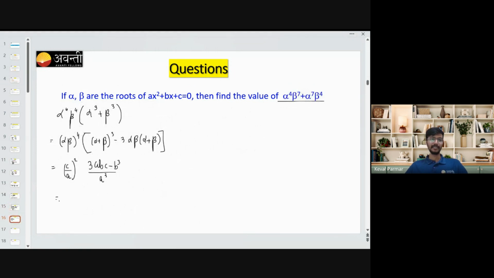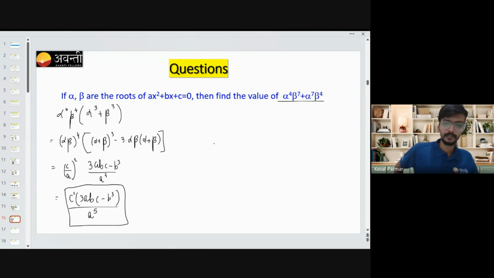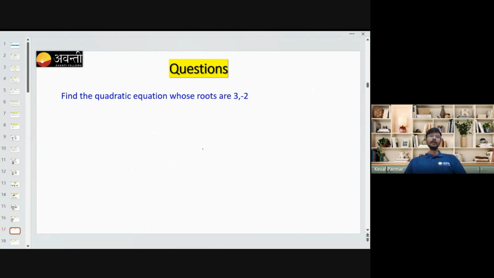So now we'll get c squared into 3abc minus b cube upon a raised to the power 5. Correct? This is our answer. Are you clear? Let's move to the next.